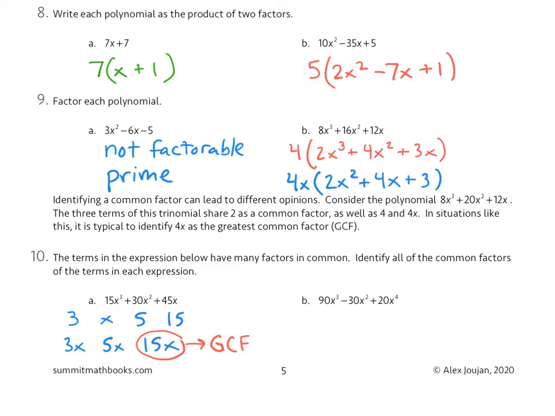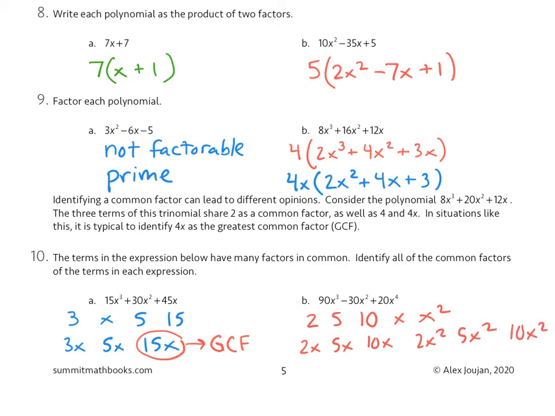Part B, 90x to the third power minus 30x squared plus 20x to the fourth. The smallest factor you might identify is 2, or maybe you'll see that 5 is a factor, or 10. Well, you can also see that they each contain an x, and even an x squared. So you could combine some of these to create other possible factors: 2x, 5x, 10x, or 2x squared, 5x squared, even 10x squared.